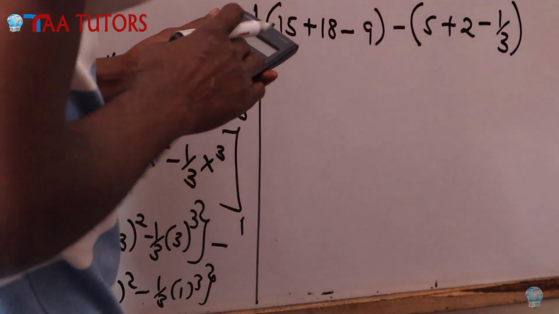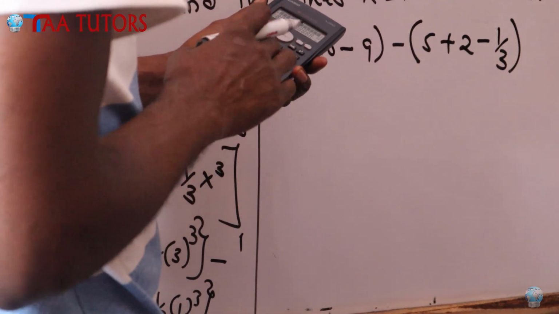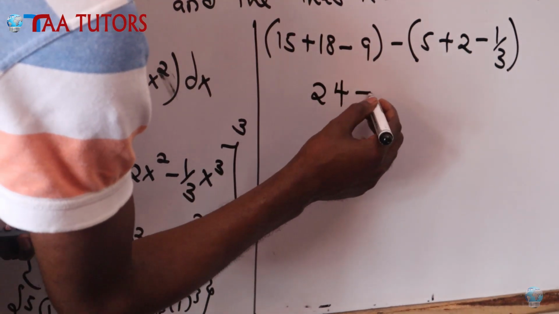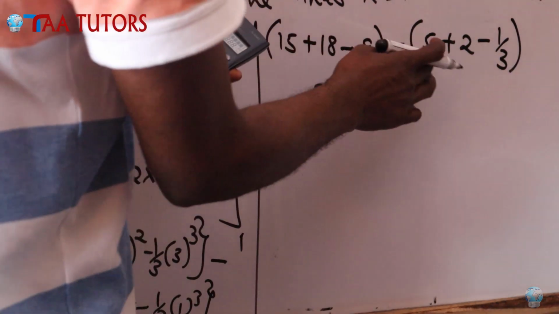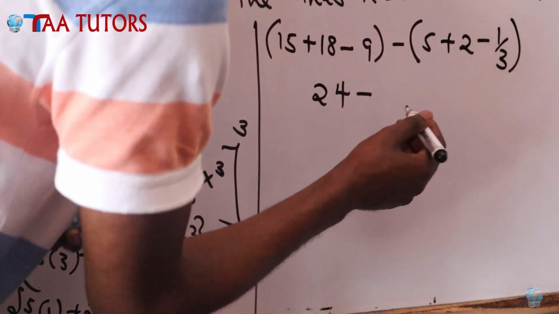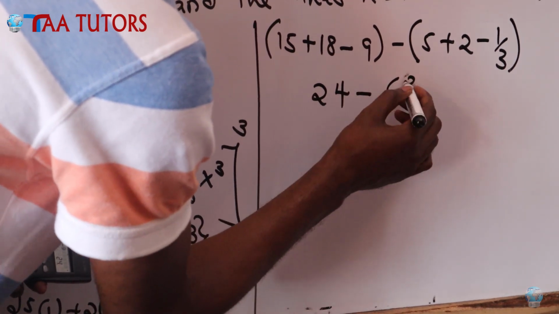So 15 plus 18 minus 9 is 24, minus 5 plus 2 is 7. 7 minus a third is 6 and 2/3.